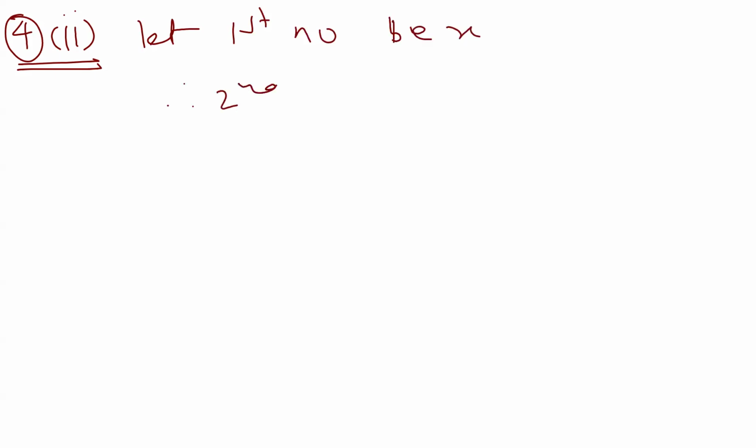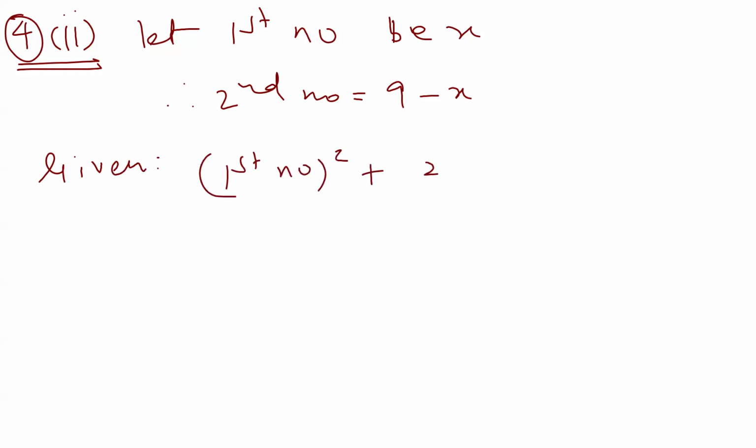Therefore, second number will be 9 minus x, because from 9, the first number is x, the remaining part is 9 minus x, which is the second number. Now, what is given? First number square plus second number square equal to what? 41. Sum of their squares is 41.